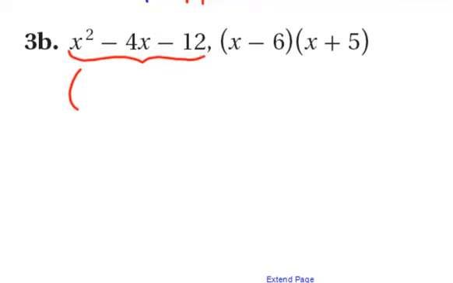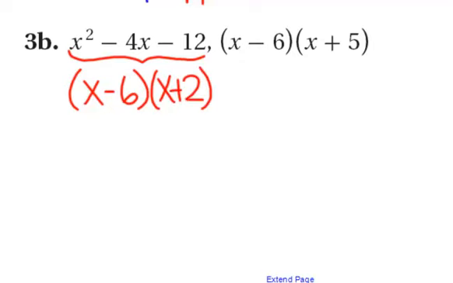So those numbers are negative 6 and positive 2. So x squared minus 4x minus 12 is exactly the same thing as (x minus 6) times (x plus 2). So this is one term, and this is my other term, (x minus 6) times (x plus 5).